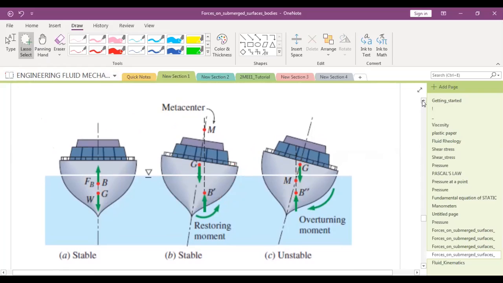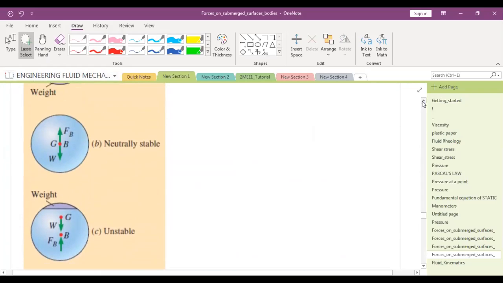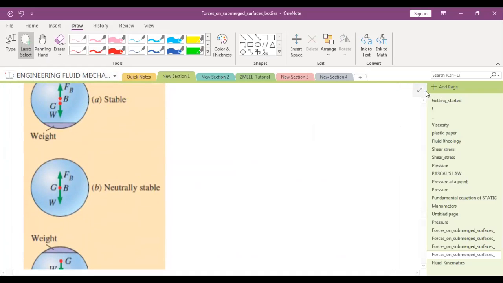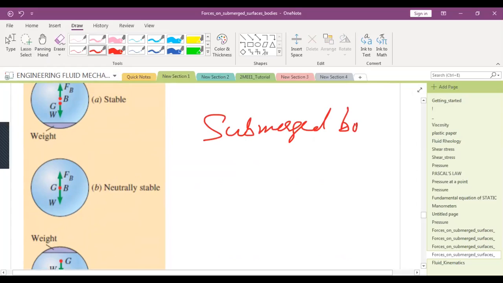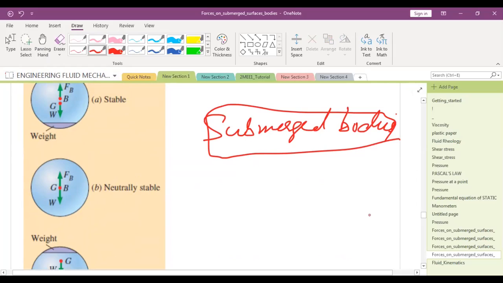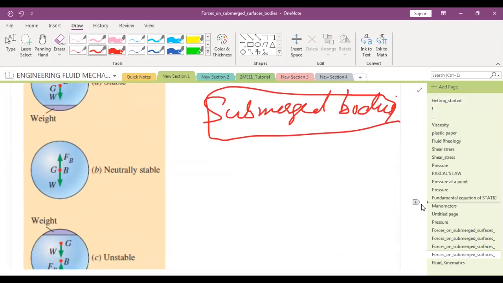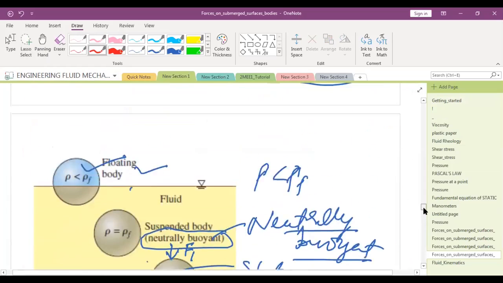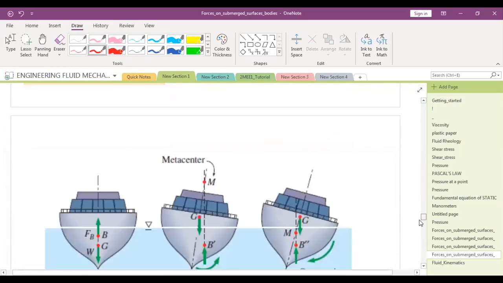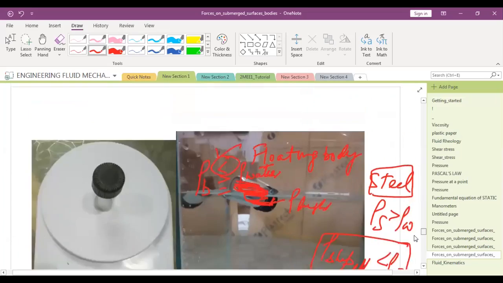So like in case of floating bodies, we also have stability in case of submerged bodies. So submerged bodies mean bodies which are totally submerged. Say this was the example which you have already seen.